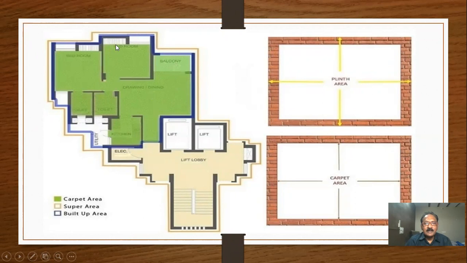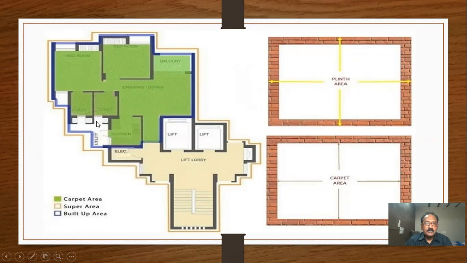So this is the internal total area of the flat. Super area means, suppose apartments are there, one more apartment, this is common area, you can say super area.